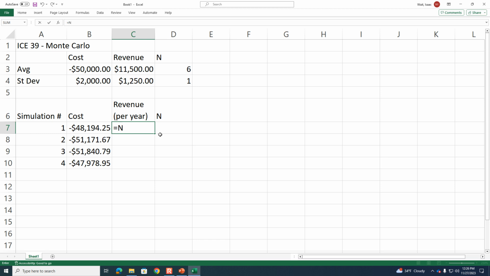Equals NORM.INV, parentheses, RAND, and then our mean will be this average, and the standard deviation will be, for this one, the 1,250. Okay? So you can drag that down, and anytime you make a calculation, it'll update it.